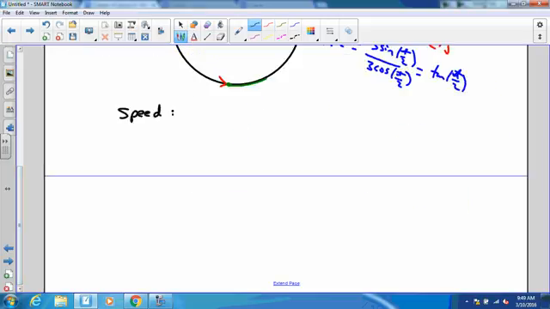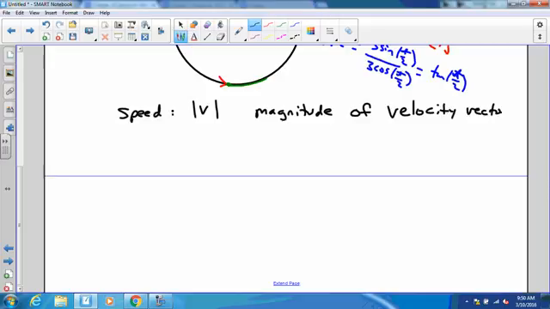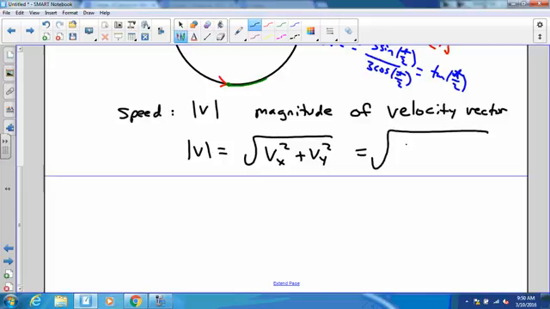But let's do something here. You remember that we defined speed as the absolute value of velocity in one dimension. Here we can extend the notation to say that the speed is going to be the magnitude of the velocity vector. That magnitude can be written like this: the square root of vx squared plus vy squared, using the Pythagorean theorem.